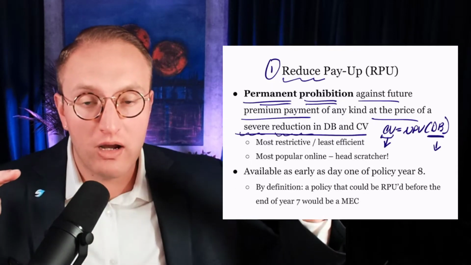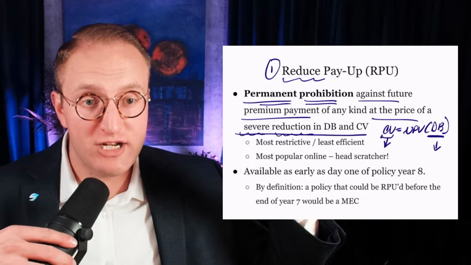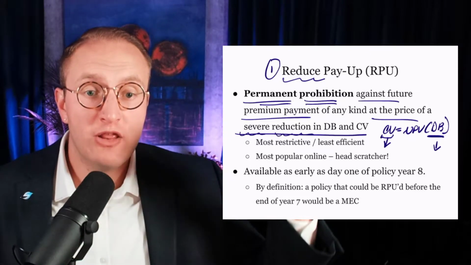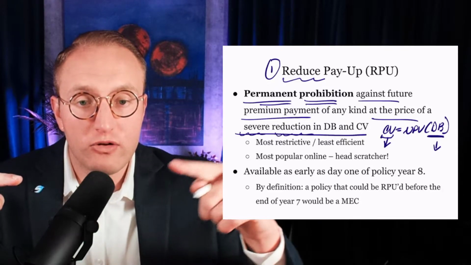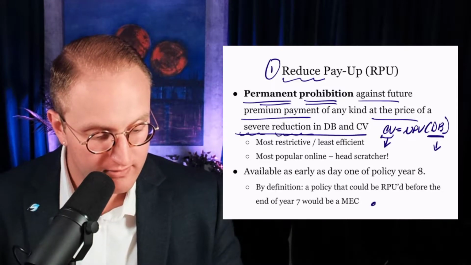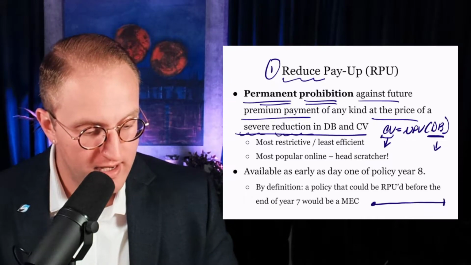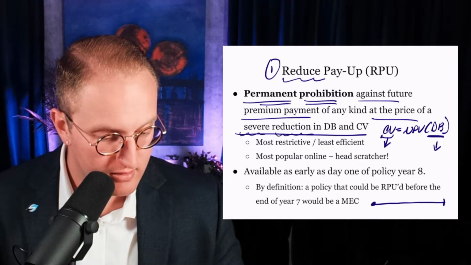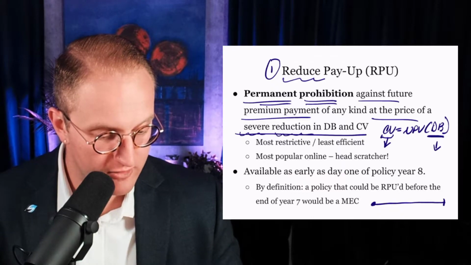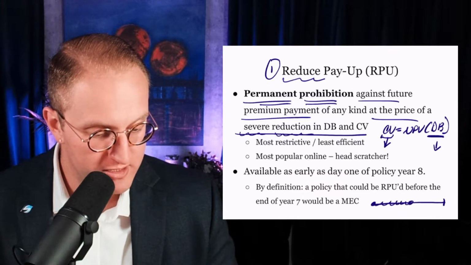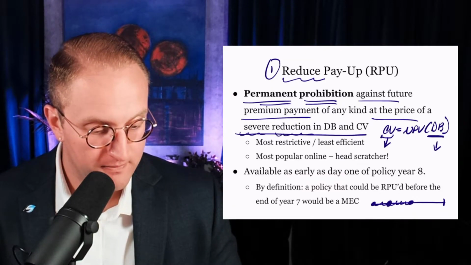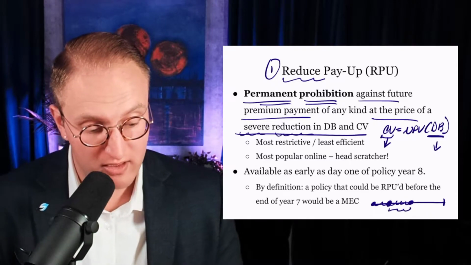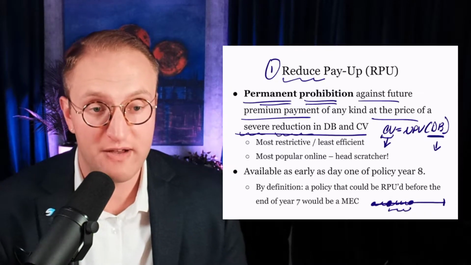The later on in the life cycle of a policy you engage this RPU non-forfeiture option, the lower the reduction in death benefit and cash value, because you've made it through more. Remember the squiggly line? My Monet, Da Vinci squiggles, right? From policy start, you've paid base premium. It was supposed to be paid up at a certain point, and if you pay up much earlier, then there's a large bit of cost that you haven't paid.